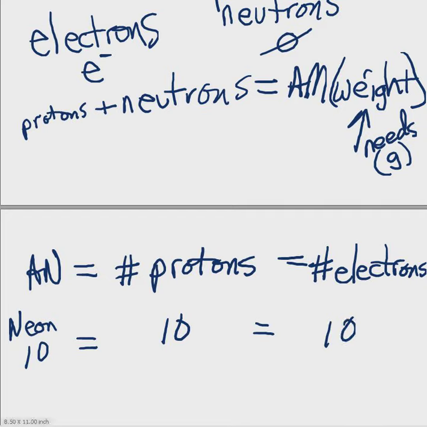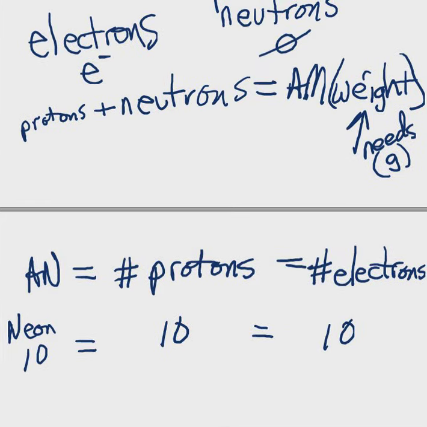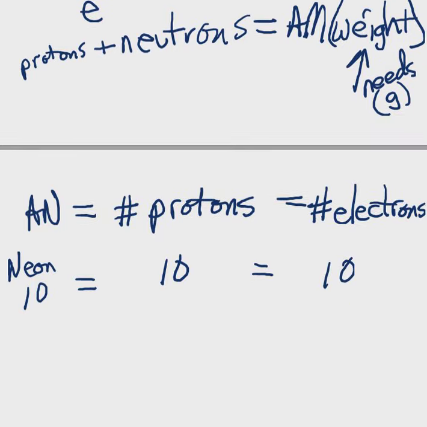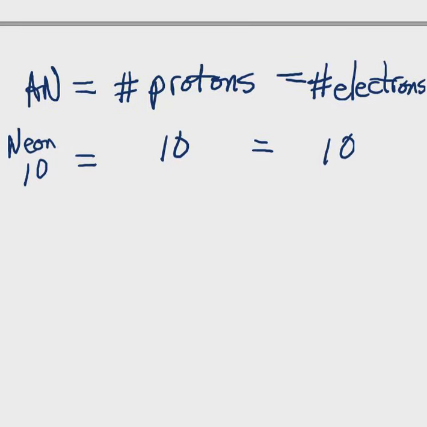Now, if we were to add another element, the one right after neon, we're going to end up with sodium. So sodium is Na.